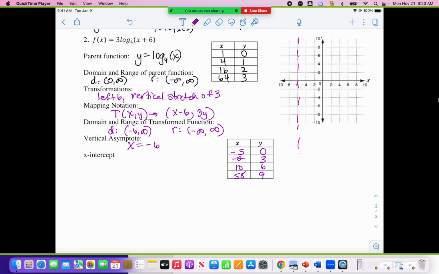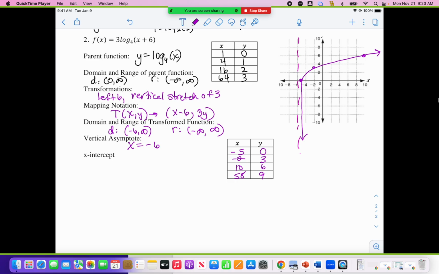Now I'm going to plot as many of these points as I can. Don't forget that this does come shooting down, even though I didn't get those points in the table. Okay, this is critical.